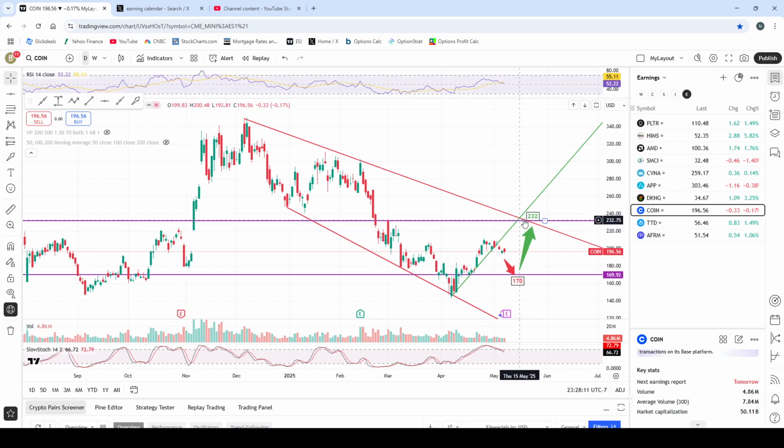But it might not even pass that, because the red and the purple lines, and also the green line, are major resistance, so it's hard to pass that. However, in trading, there's probability, so you don't know. You just go with the probability.